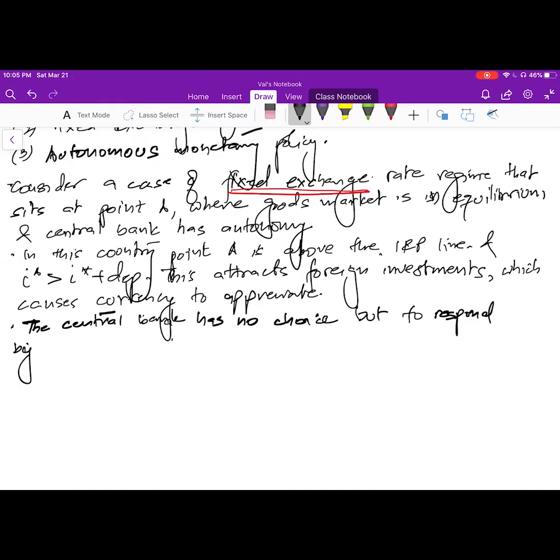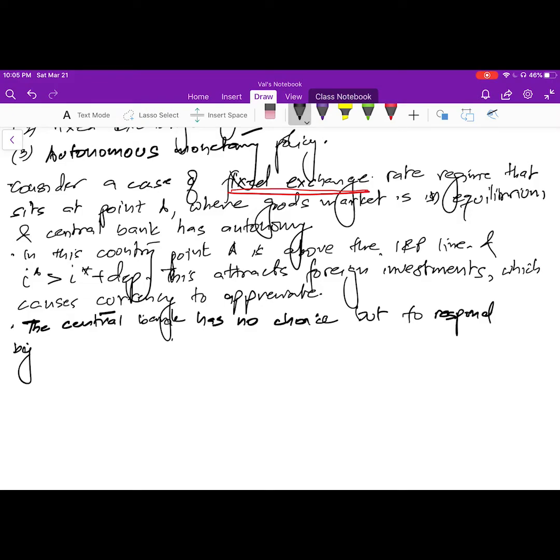How does it respond? What has happened is foreigners are demanding its currency, flooding the market with foreign currency and taking the home country's currency from the foreign markets. So the central bank in the home country has to do the exact opposite: buy up the foreign reserves and flood the markets with its own currency.